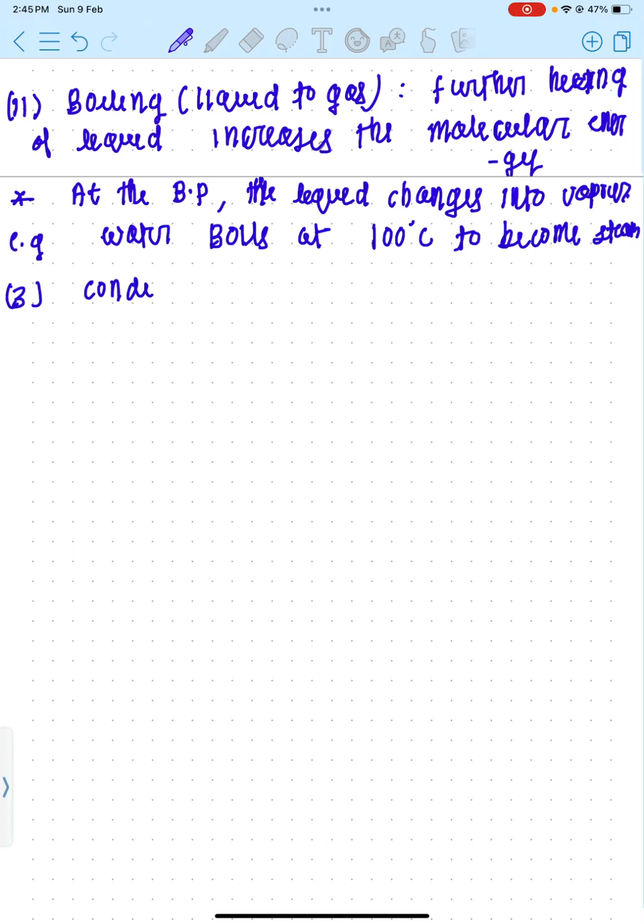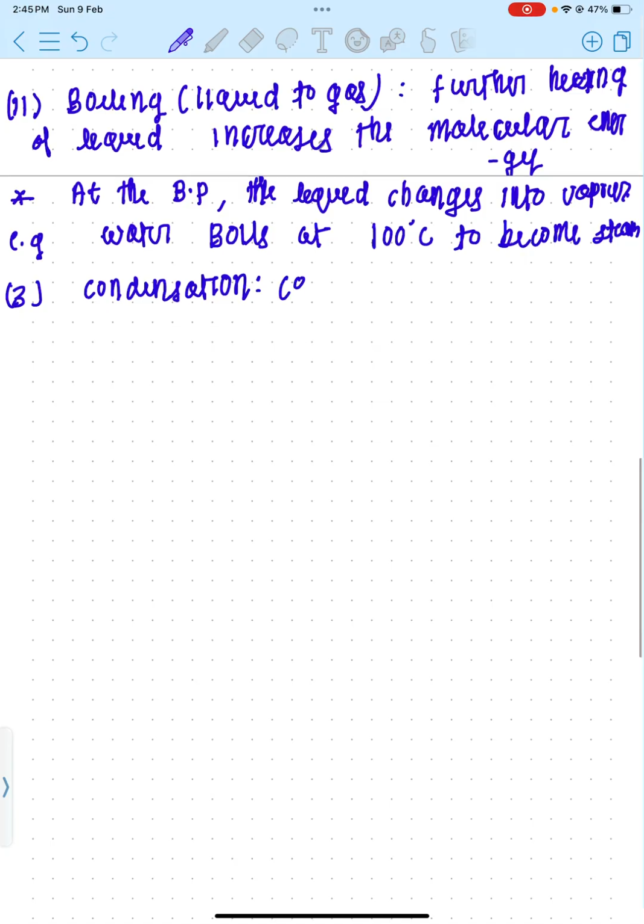Gas to liquid. Now, condensation means converting from the gas to liquid. For example, when we are boiling, we convert the liquid to gas, right? In that case, we provide the energy to break down the intermolecular forces present in the liquid.